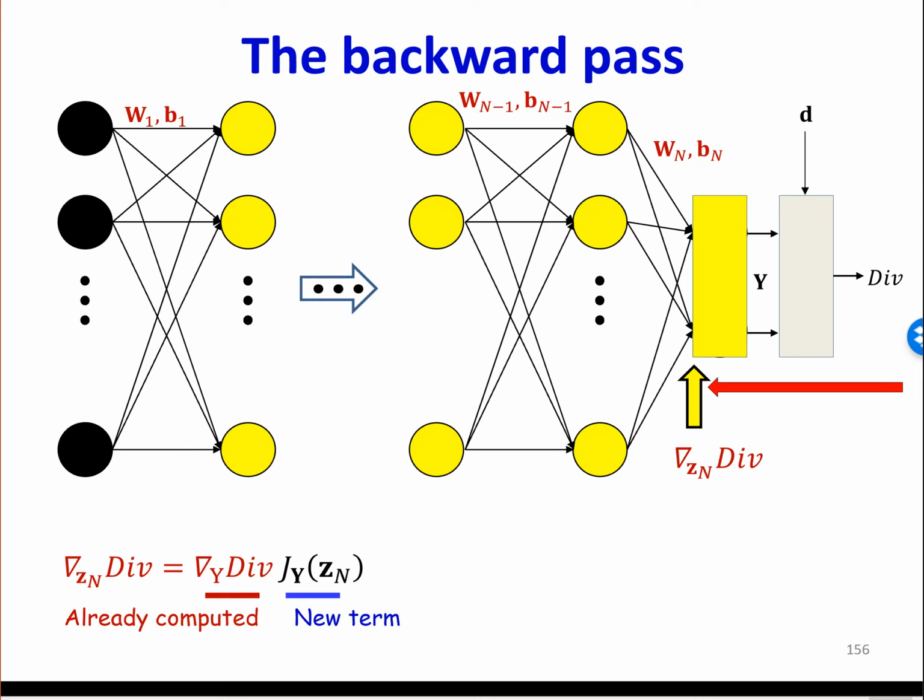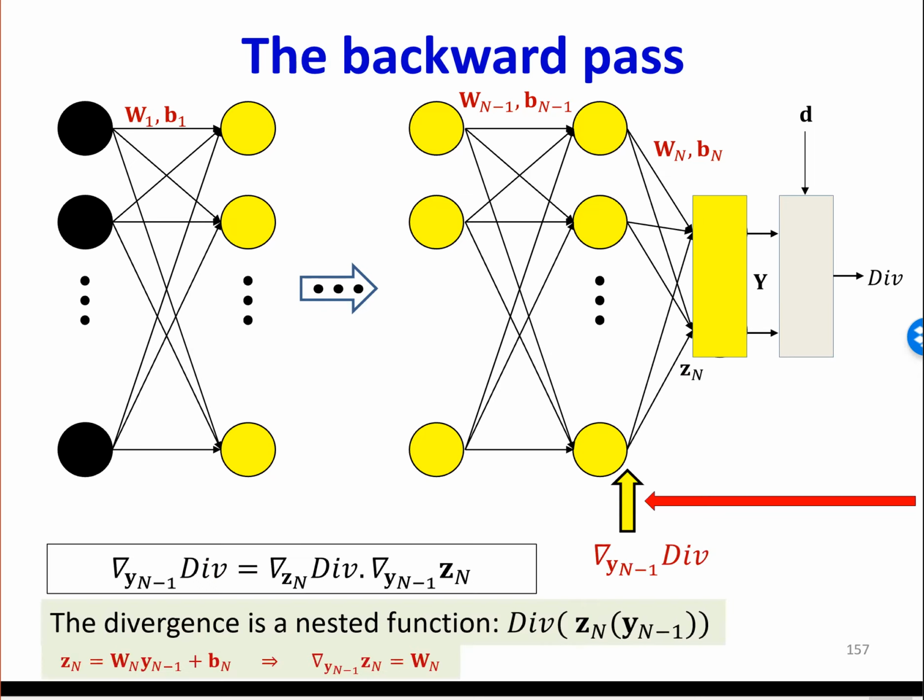Okay, so what do you think the next term you're going to compute is? The derivative of the divergence with respect to this y, all the way back here. Using the right multiplication rule, it is going to be the derivative of the divergence with respect to z times the derivative of z with respect to y. Of these two terms, have we already computed any so far? The first term.